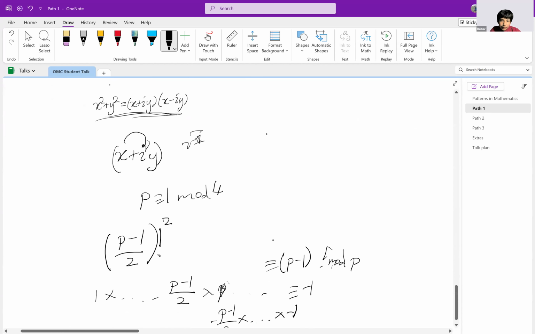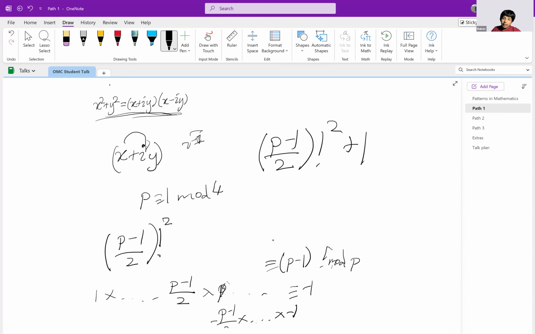So we get ((p minus 1)/2 factorial) squared plus 1 is equal to Ap for some multiple A of p.